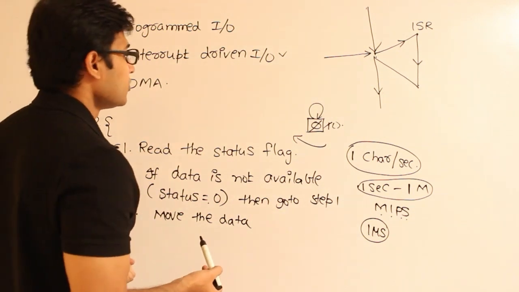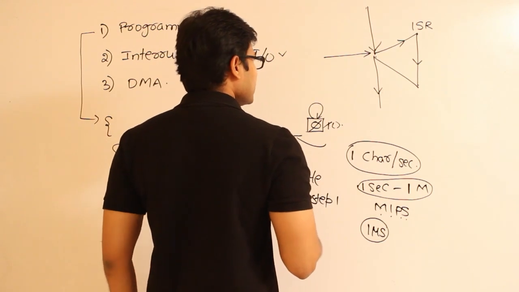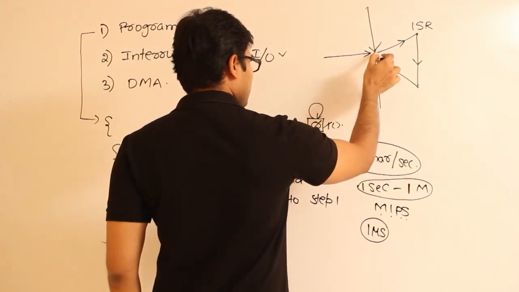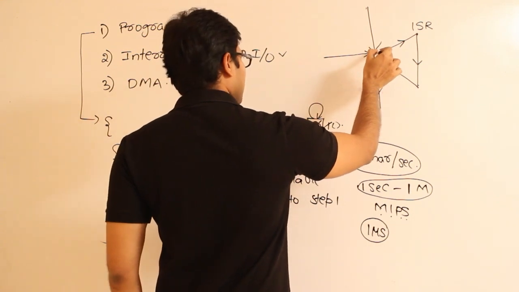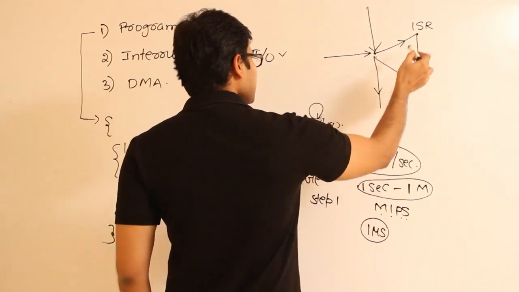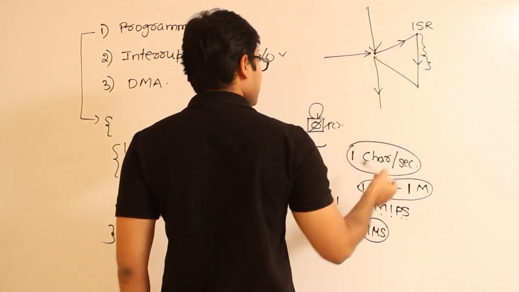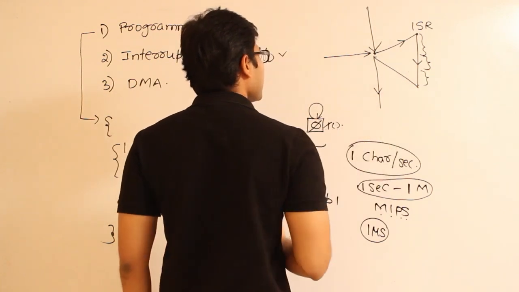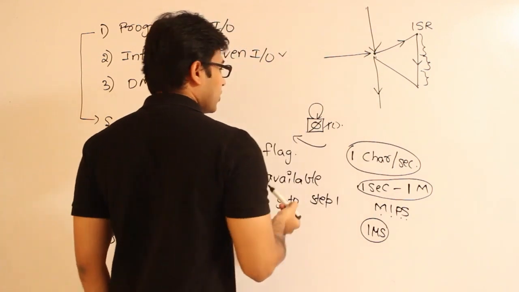But here if you look at this, yes, there is some overhead. The overhead is whenever there is an interrupt, you have to save the context of this program and then go to the interrupt service routine and then see why the interrupt has occurred, and then take the required action and again restore the context. Therefore it is going to have some overhead, but the overhead is very less.